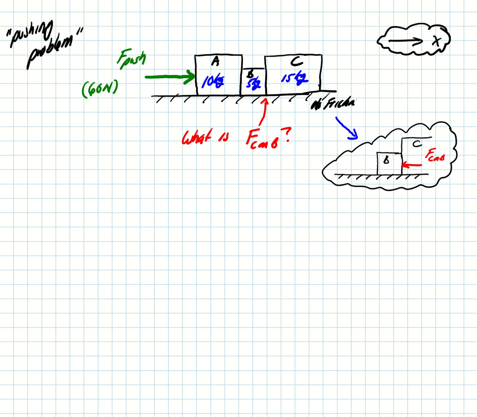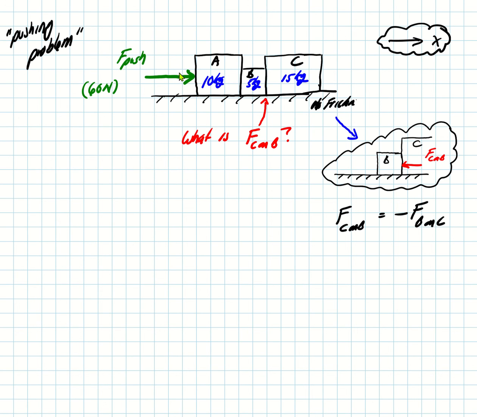Now, if you remember Newton's third law, you realize this is a trivial complication, because the force of box C pushing back on box B is going to be exactly the same amount of force as box B pushing on C. It's just going to be in the opposite direction.